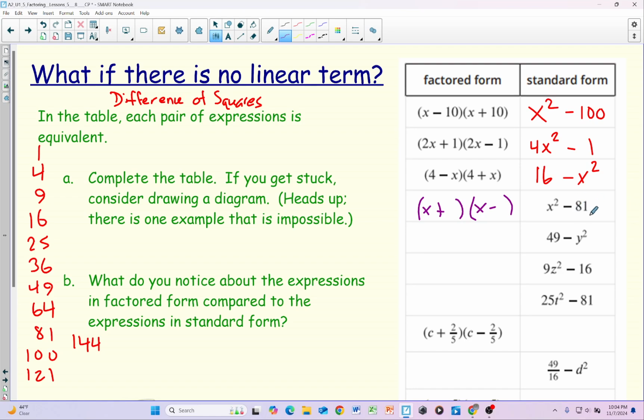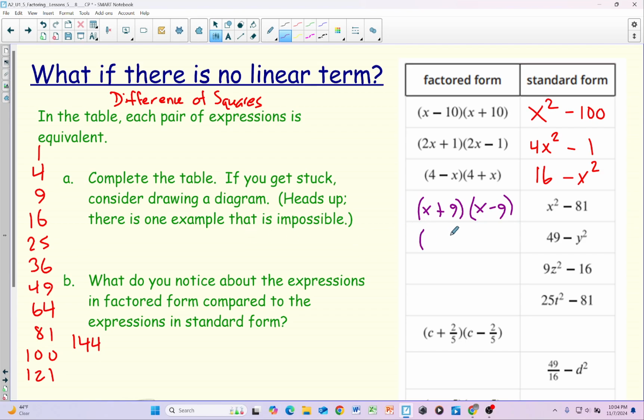And what multiplies to give you 81? 9 and 9, because 81 is 9 times 9. And that's how you factor it. Just keep in mind, again, this factoring pattern works for these particular difference of squares. So let's do a bunch of them out.